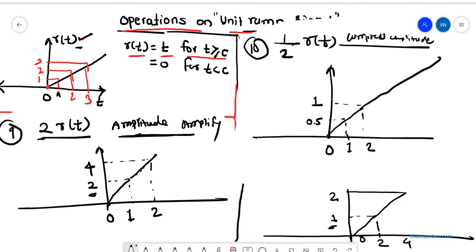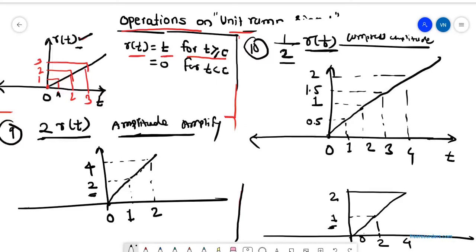That procedure continues, so the amplitude will be compressed as the time goes on increasing. I have to divide whatever the amplitude is for any particular time by 2. That value is not constant every time; sometimes 1 half, sometimes 1 divided by 3. This depends upon what example you have taken, and as per that your amplitude will change.